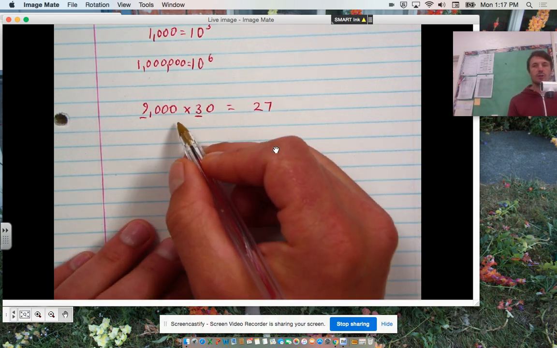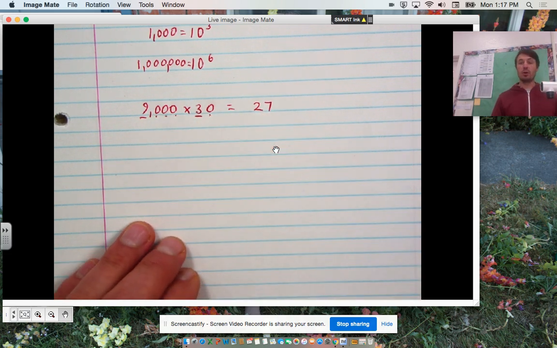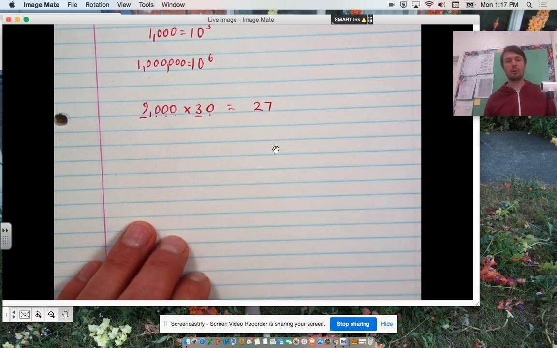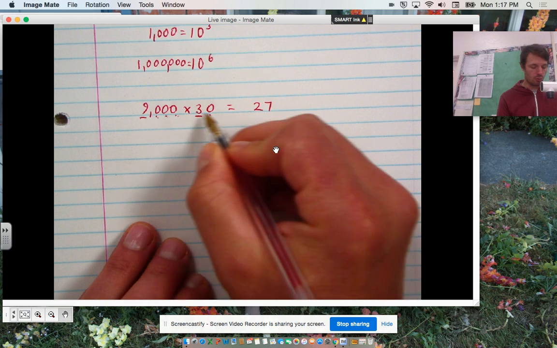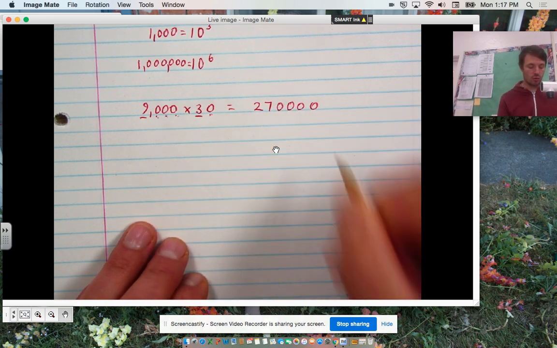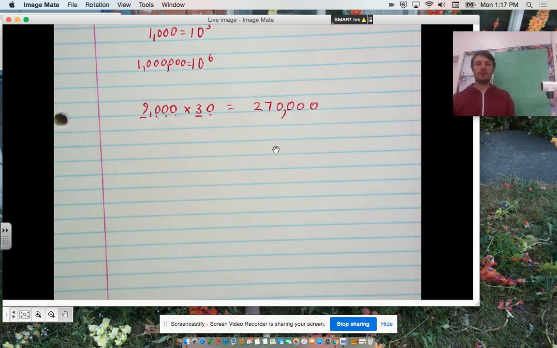So you count the zeros in both factors, 1, 2, 3, 4, and then you just put that many zeros in the product. The product is the answer to a multiplication problem. So there's 1, 2, 3, 4 zeros in the factors, so we put 1, 2, 3, 4 zeros in the product, and the answer is 270,000. It's as simple as that.